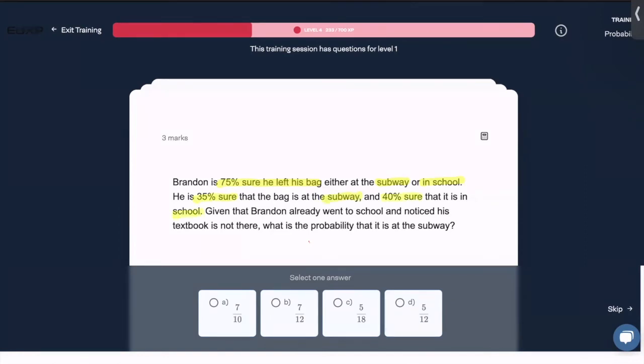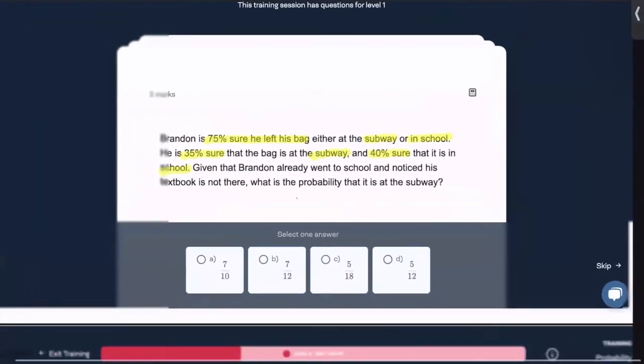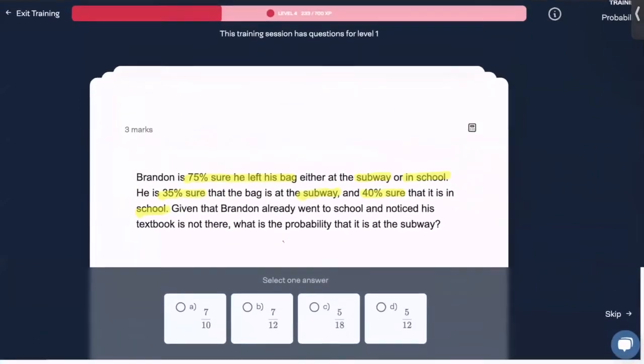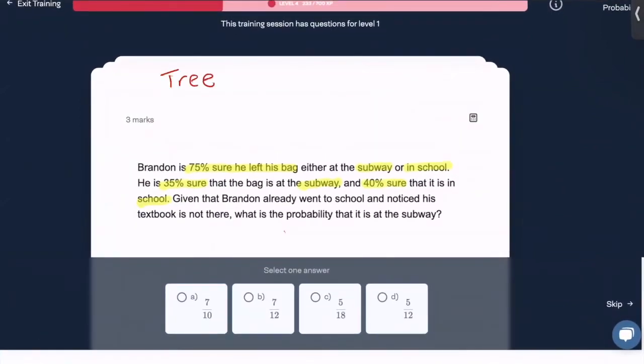When I look at this, I immediately think of the tree diagram. So let me draw it. We're going to use a tree diagram to visualize this. Brandon is 75% sure that he left his bag either at the subway or school.